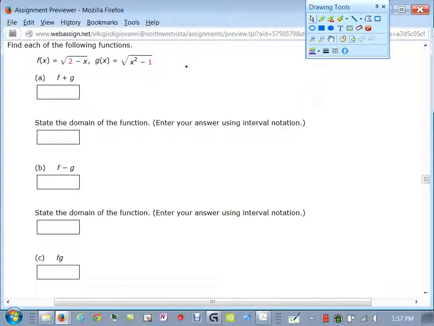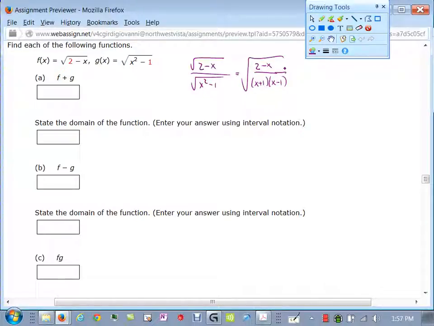Okay, if I do f over g, square root 2 minus x over square root x squared minus 1, then we can turn that into a single root, 2 minus x, and then here we can say x plus 1, x minus 1.